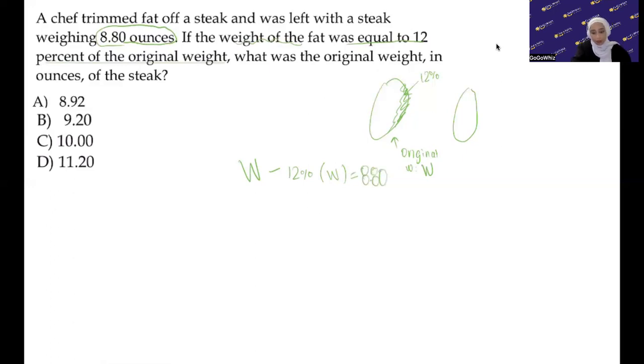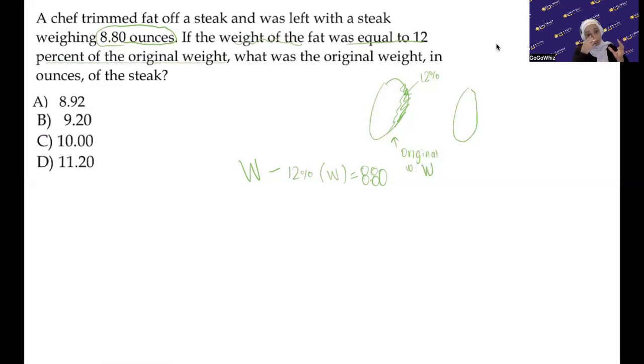First, you want to identify what is going on. We recognize that there is something being removed from an original amount, and we want to figure out what that original amount is. 12% is what's being removed, but it's not just 12%. If I just put W minus 12%, that's just 12% floating. But we know it's 12% of that original weight.